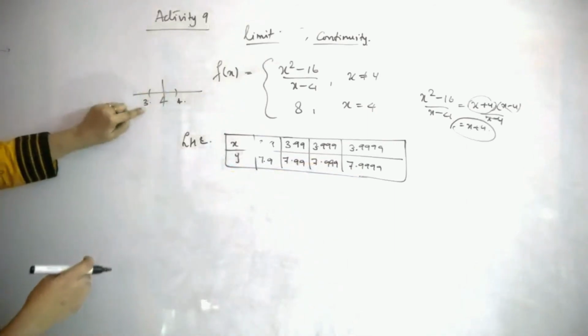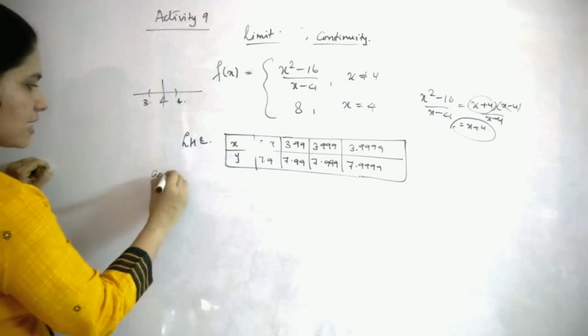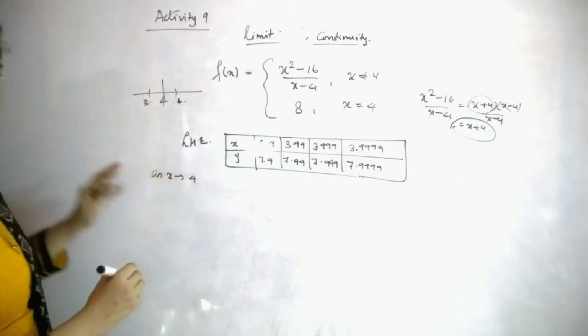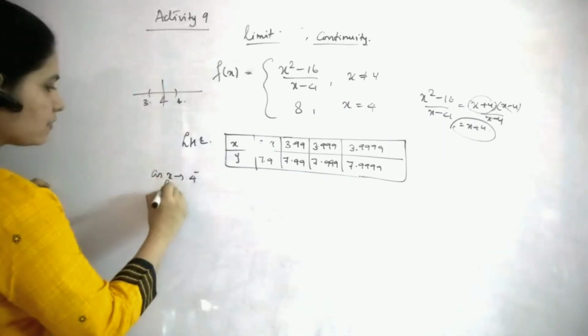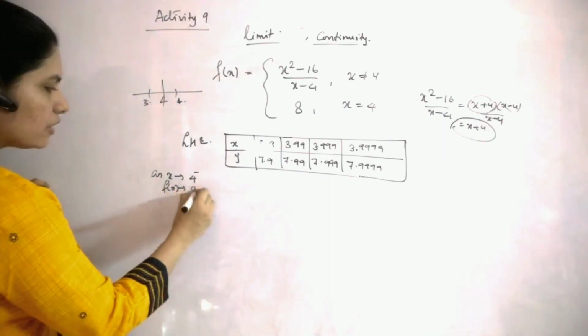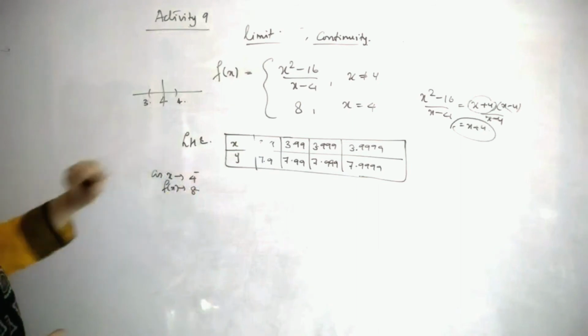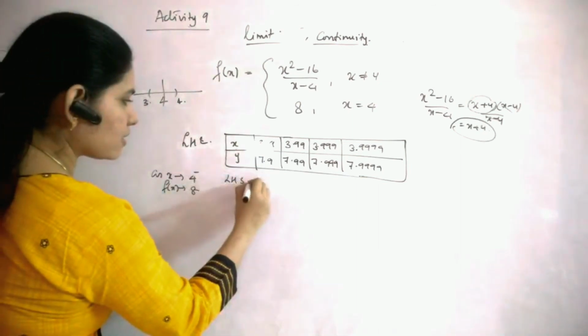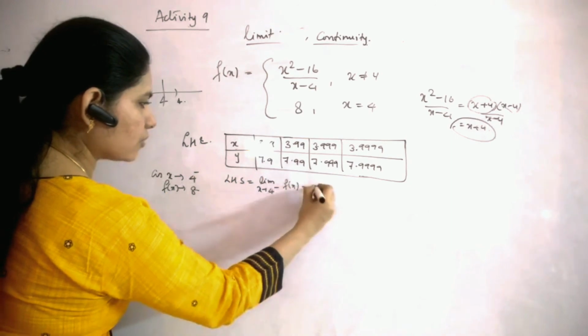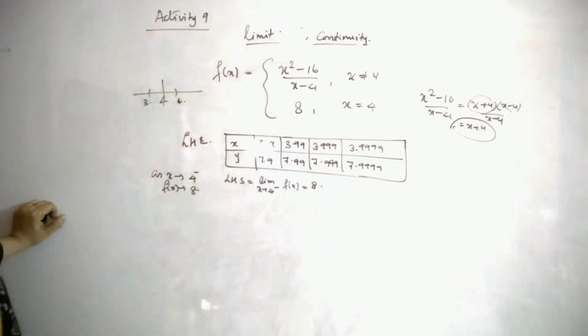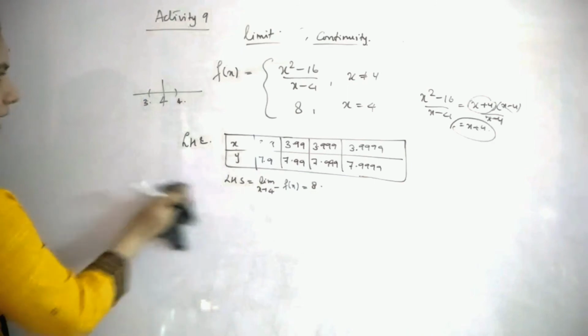As x tends to 4 from the left side, that is 4 minus, the function is tending to 8. So the left hand limit, limit as x tends to 4 minus of f of x, is equal to 8.